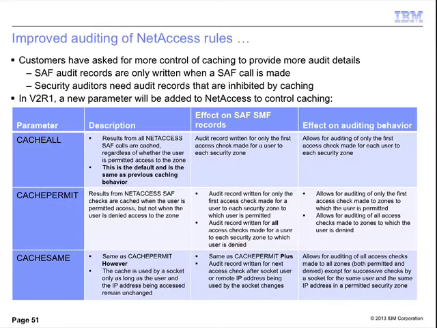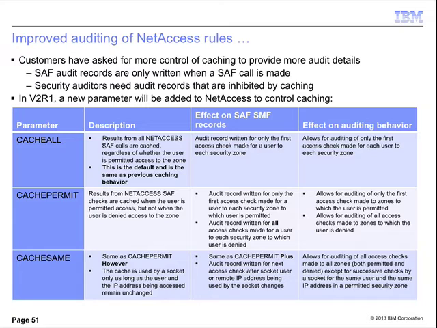Well, what our customers have told us is that yes, they like to use that for audit capabilities, but our caching was keeping them from being able to do that in a comprehensive manner. Since we're only calling RACF some of the time when we don't have something cached, they couldn't see the entire picture. So 2.1 adds a new parameter to net access to control the amount of caching we do.